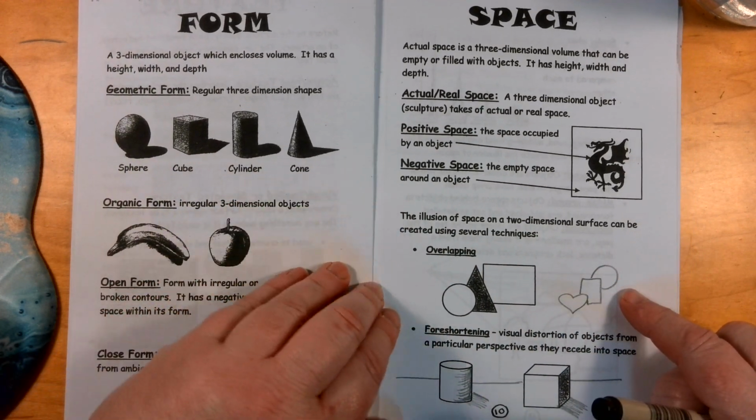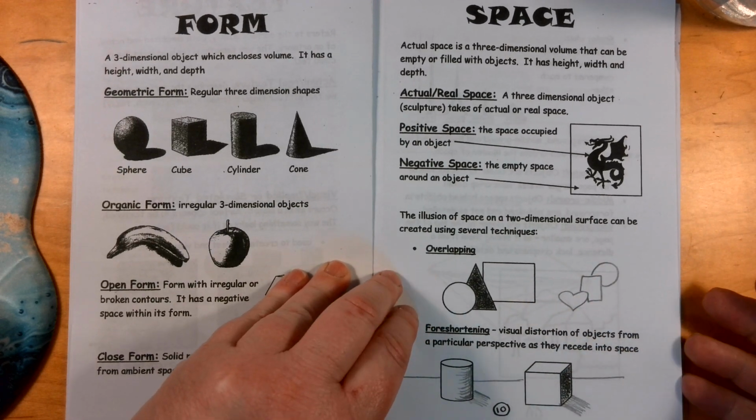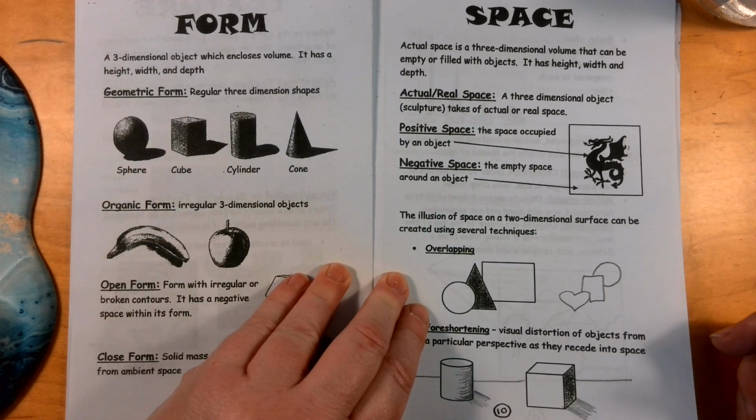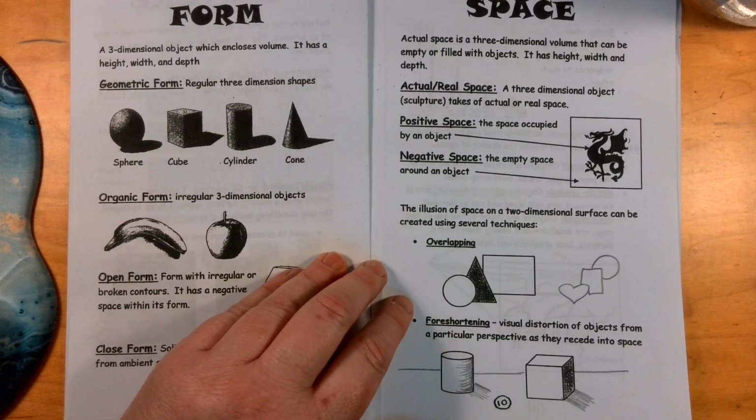Well, the first one was overlapping, and that's where we have objects appear like they're sitting behind other objects, right away telling our brain that we have objects taking up space because something has to sit behind it. Then we have foreshortening.